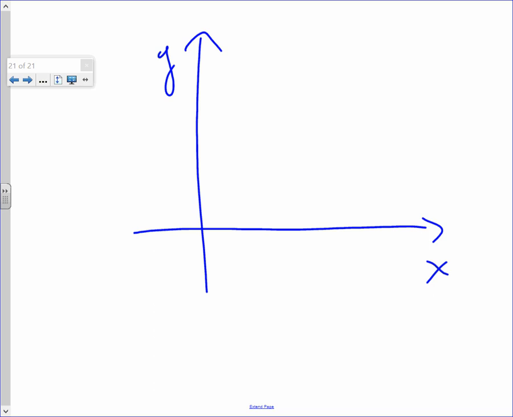Well, how about this? The number of texts per day. And then on the vertical axis, maybe your GPA.